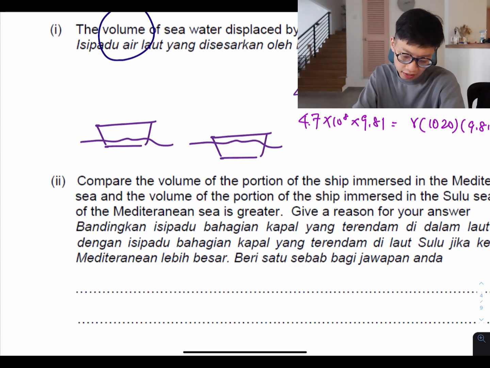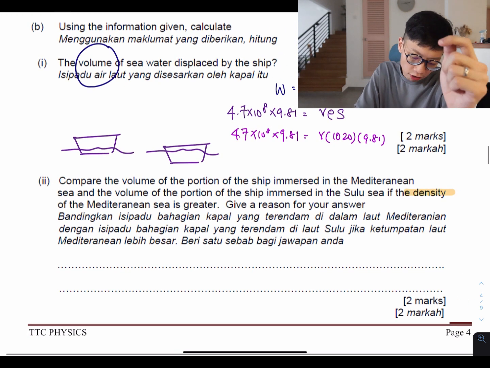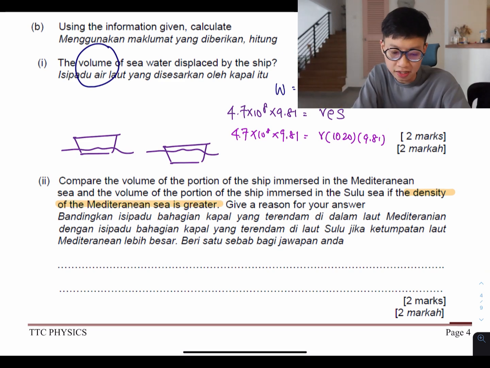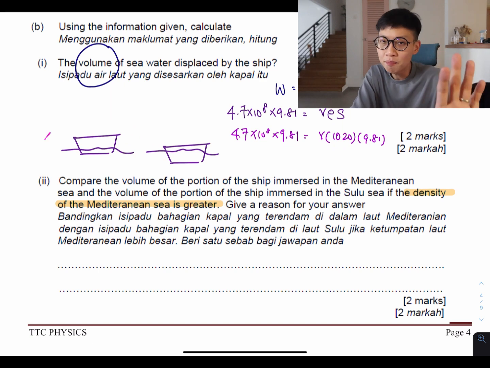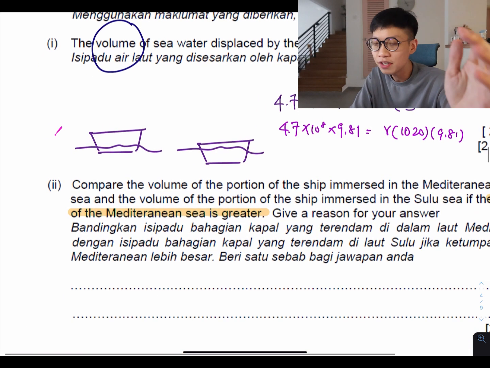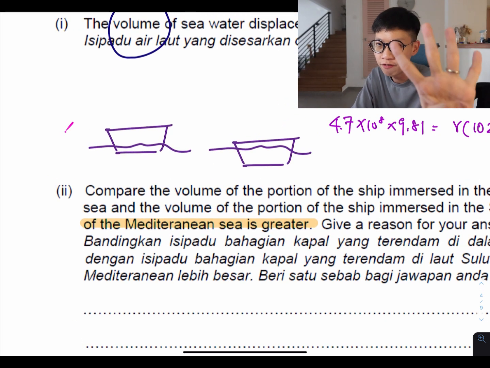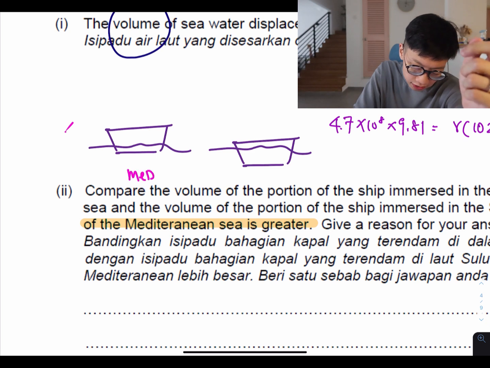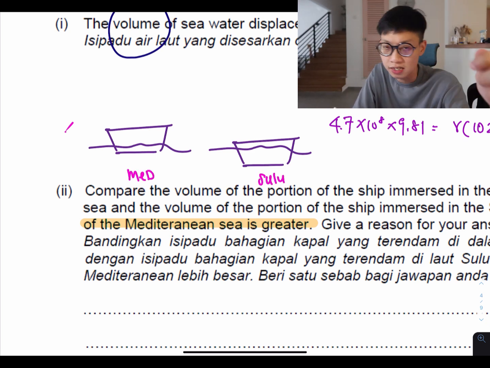However, it says here that the density of the Mediterranean Sea is greater. So we are comparing different densities. If we compare the left picture and the right picture, which one has higher density? I'll let you think for 5 seconds. 5, 4, 3, 2, 1. Okay, the answer is that this is the Mediterranean Sea, and this is the Sulu Sea.